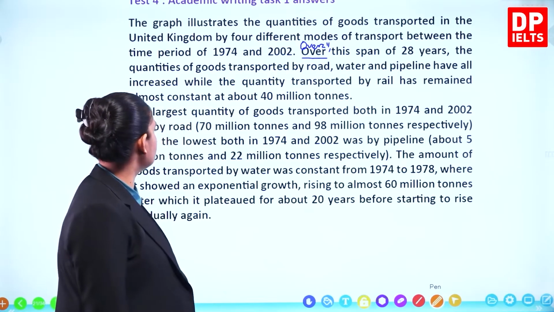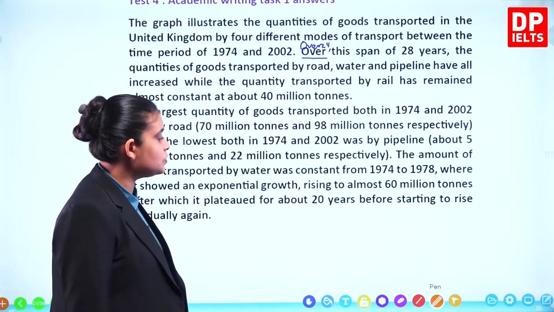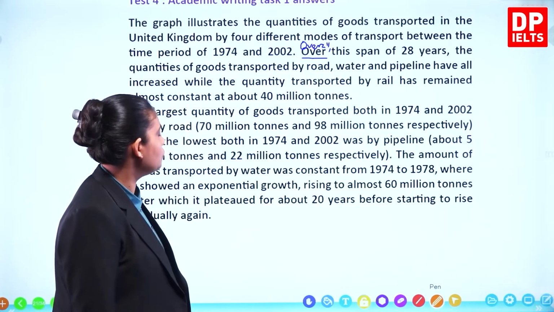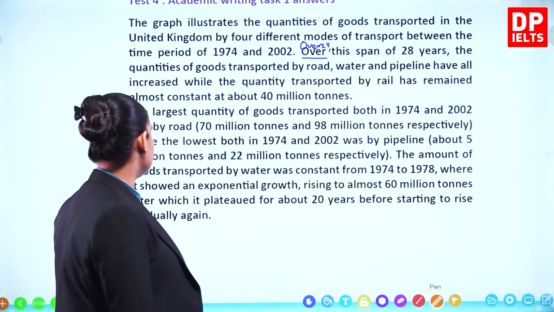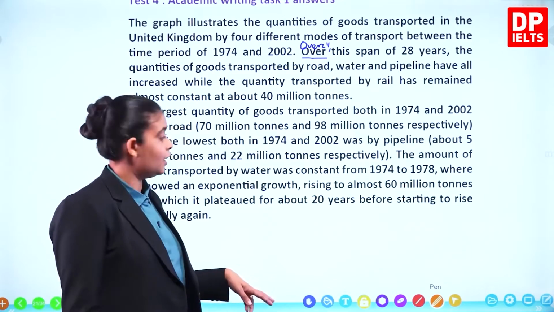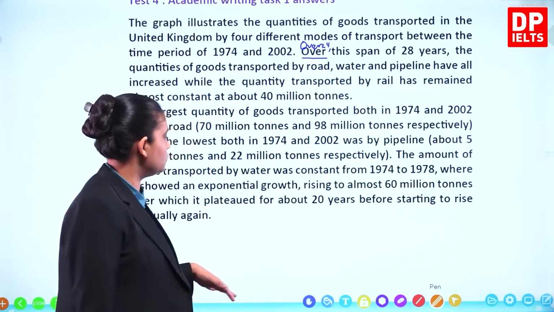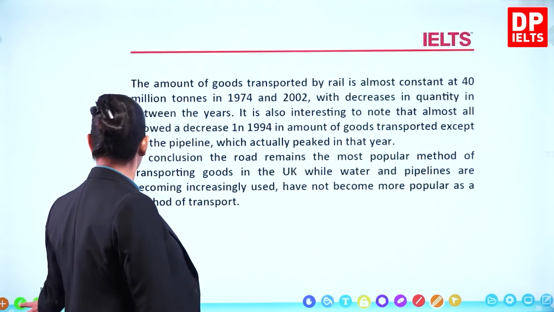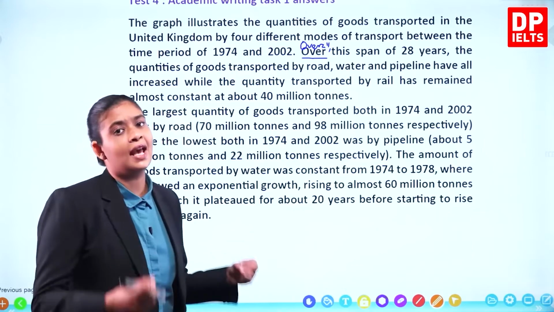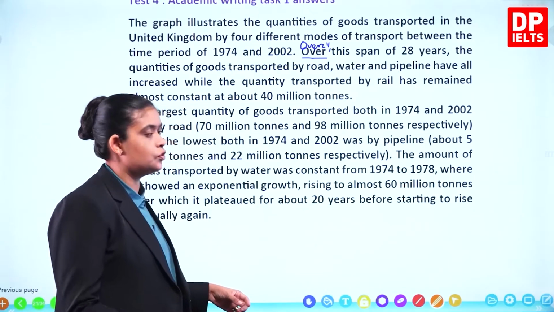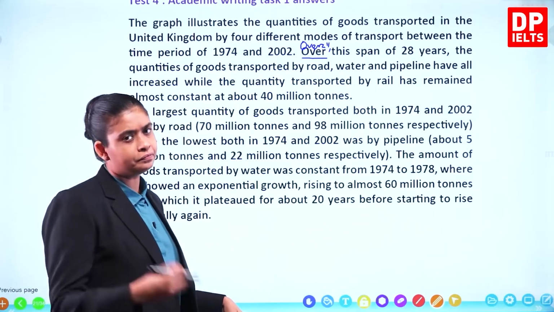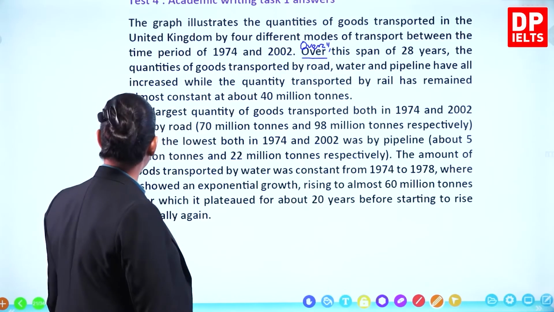The amount of goods transported by water was constant, where it showed an exponential growth rising to almost 60 million tons, after which it plateaued, okay, for about 20 years before starting to rise gradually again, okay. So I think the student is, yes, using good language, using good grammar, and nicely explaining the line graph.